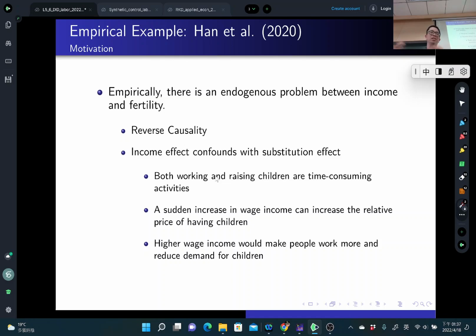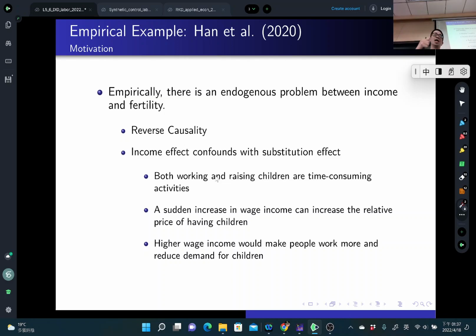Okay, and this is not because the income effect is negative. It could be other reasons, for example, reverse causality. So it's because the arrival of the baby actually reduces household income. Many studies look at this issue through what they call the child penalty.